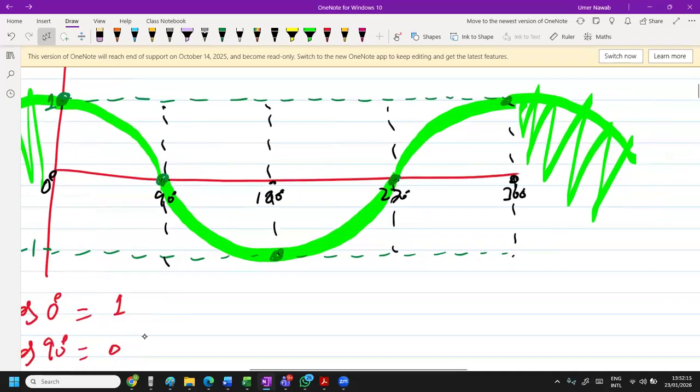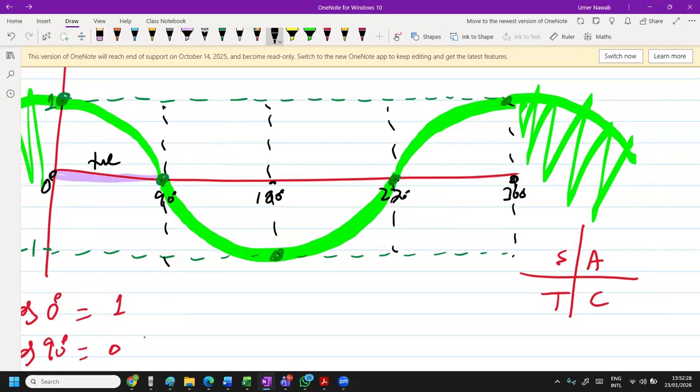Now, the ASTC diagram, let me draw that. In the first quadrant, is your graph above the x-axis? Yes, positive. Cosine is positive. In the second quadrant, your graph is below. Cosine is negative. Yes, we know that. In the second quadrant, only sine is positive.